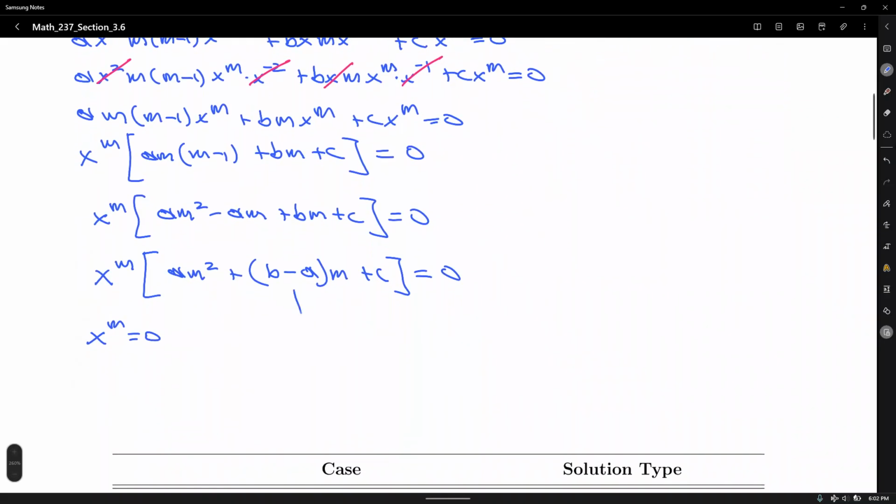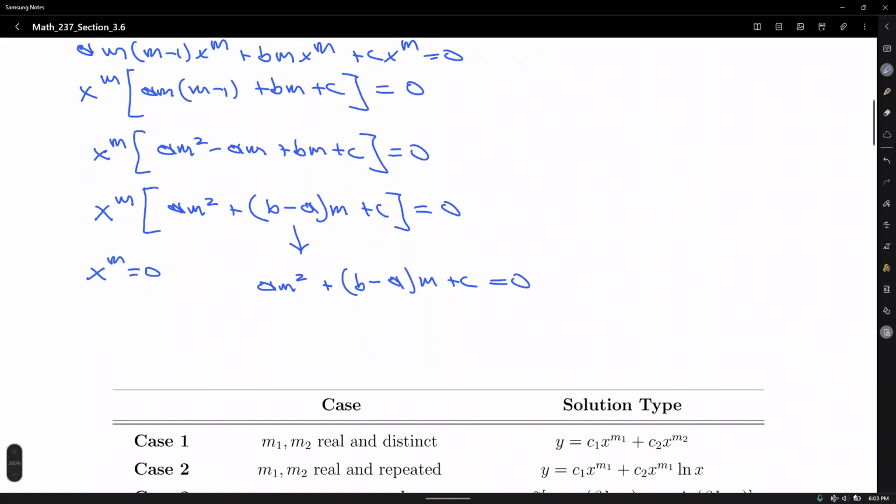So we will instead use the polynomial a m squared plus b minus a m plus c equals 0. That is going to be our characteristic equation or auxiliary equation.